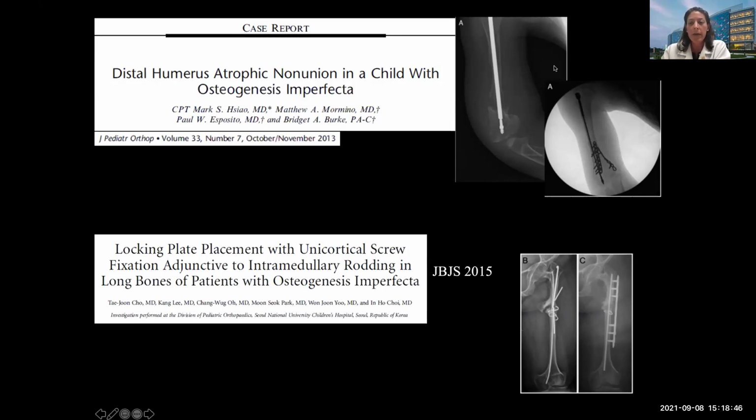And that has given us a good tool for those. And then In-Ho Choi and his group in Korea have also described the use of supplemental plate and screw constructs. We've reviewed our data as well and are working on updating that now.